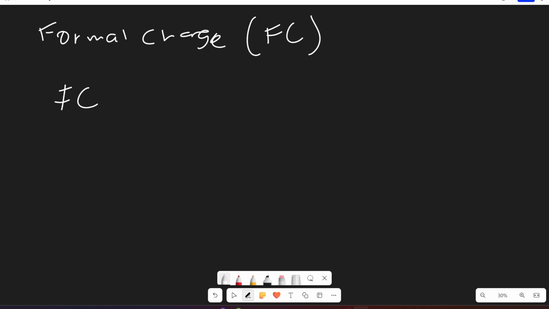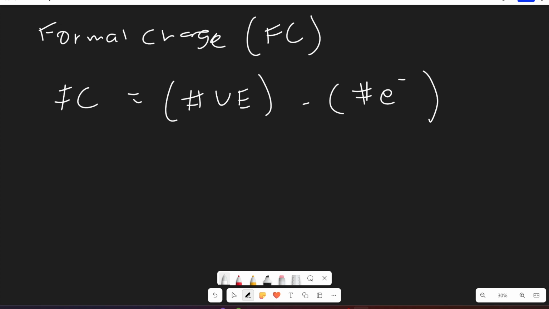So we could say that FC for something would be the number of valence electrons it's assigned by the periodic table, minus the actual number of electrons that are assigned to it. It's more like oxidation numbers rather than an actual charge. And the goal is that FC is equal to 0.